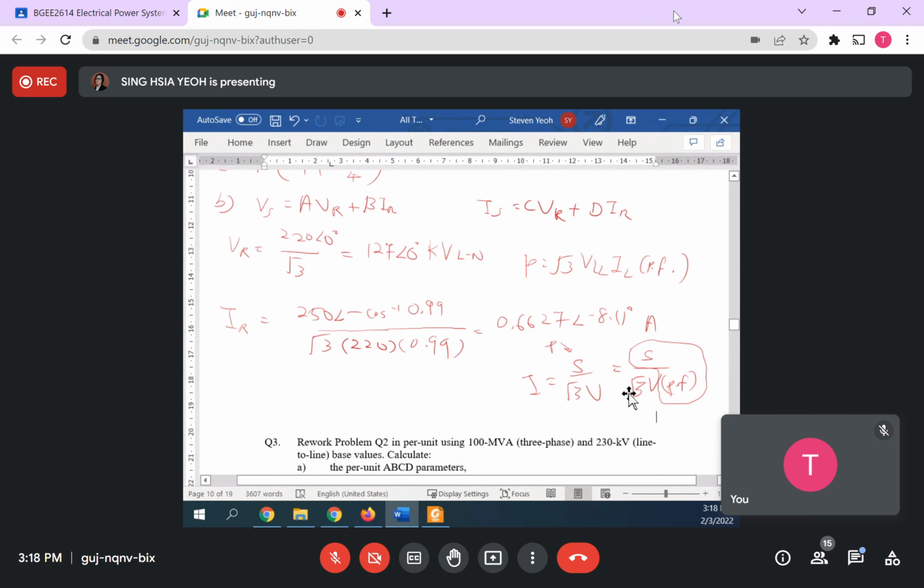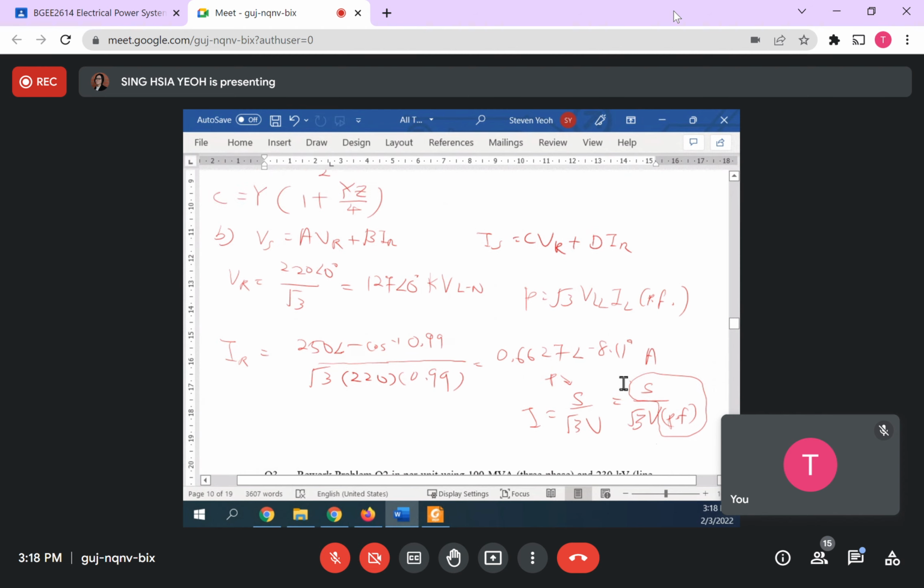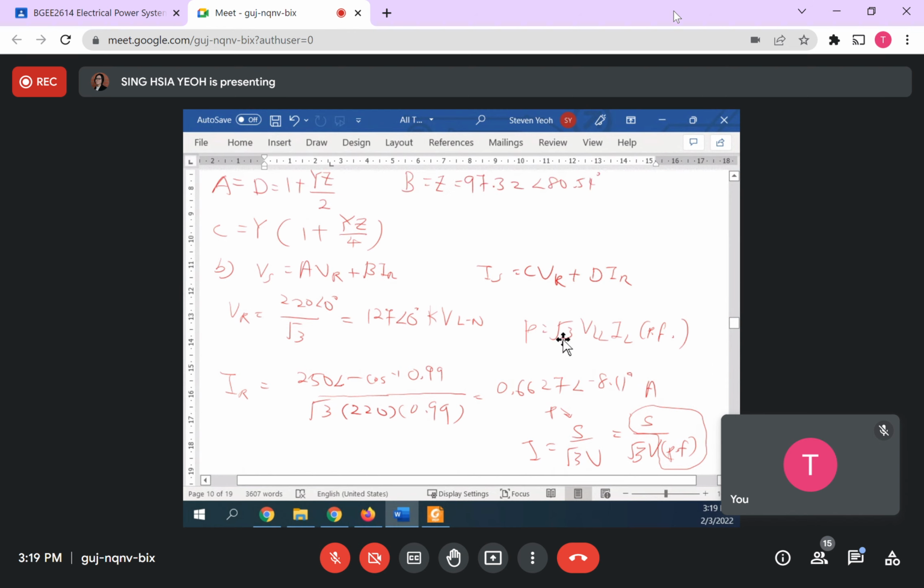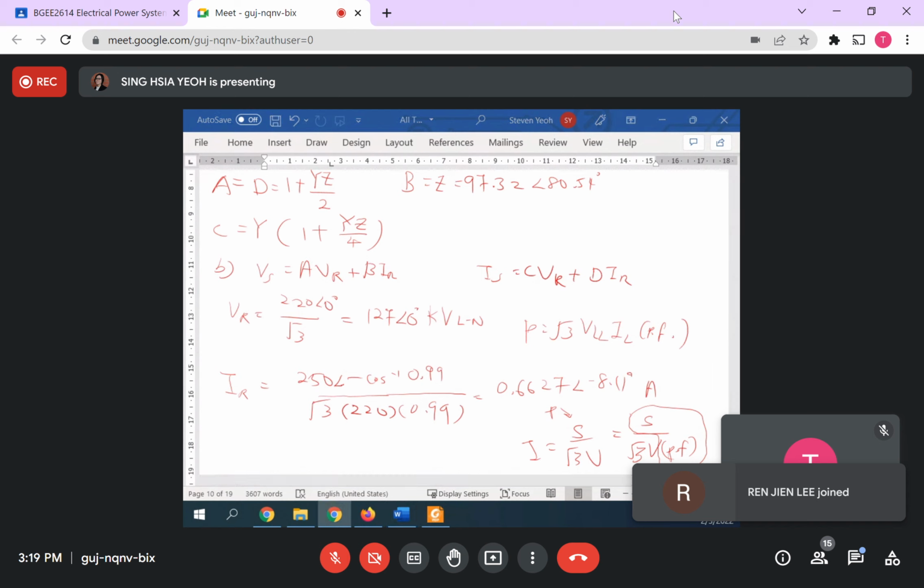And the root 3 is basically to convert the line to line to neutral. Oh no, this one is above here. Okay, the root 3 here is because of this formula: P equals sqrt 3 V line to line I line. Okay, Nicholas?